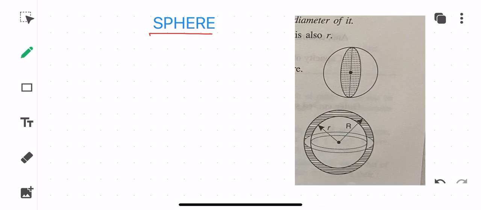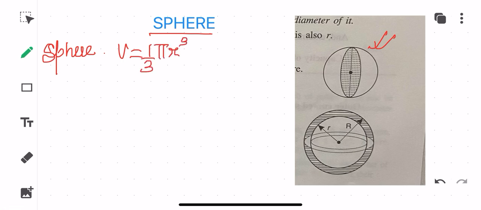So here the first figure that you see is a figure of a sphere. For a sphere, the formulas you all know already: the volume is equal to how much? Volume is equal to 1/3 pi r cube. The good thing is that a sphere is a 3D part of a circle, and in a circle you have only radius.